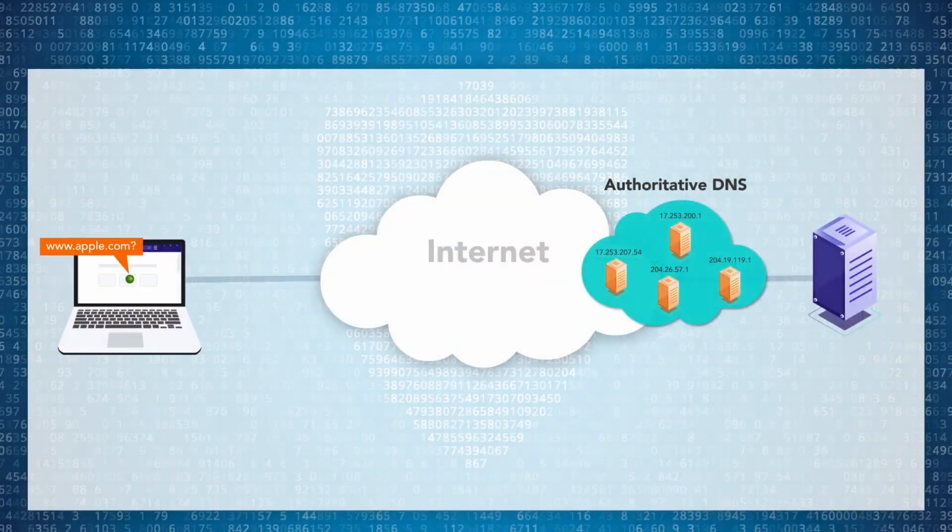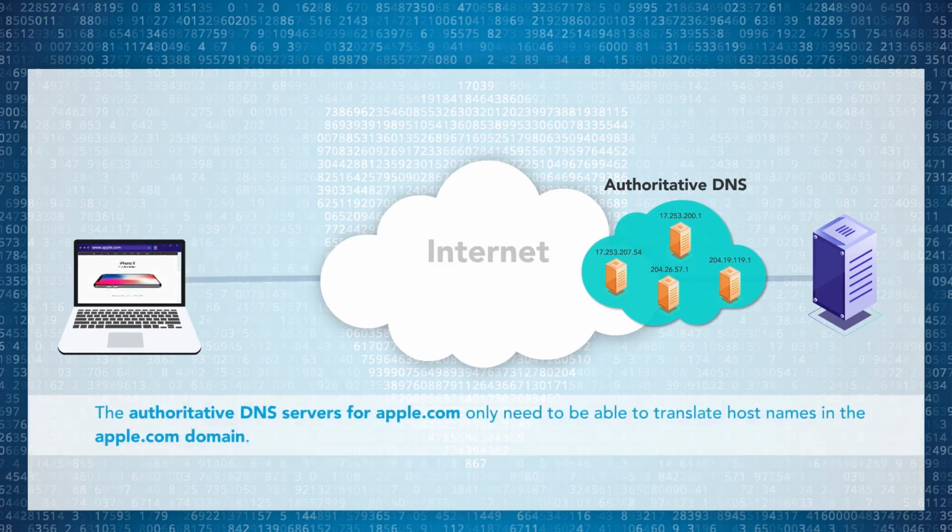Note that the authoritative DNS servers for the apple.com domain only need to be able to translate host names in that domain, and any of the domain's authoritative DNS servers can perform that function. In our example then, any of the 4 authoritative DNS servers for apple.com can translate www.apple.com into the IP address 17.253.207.54.